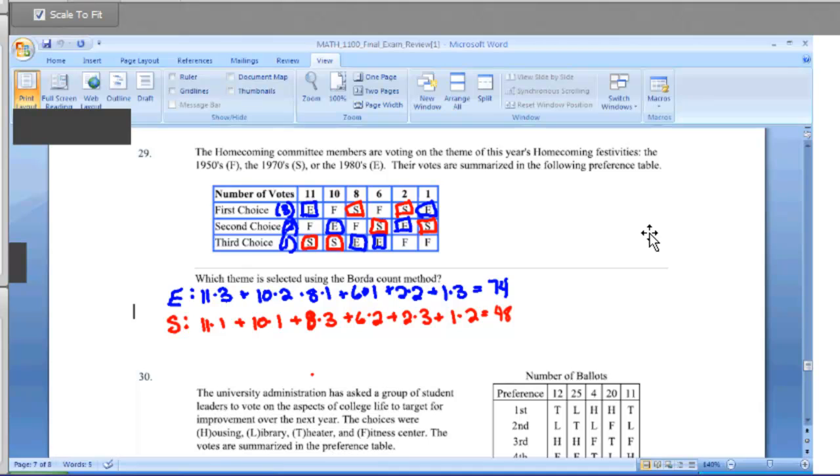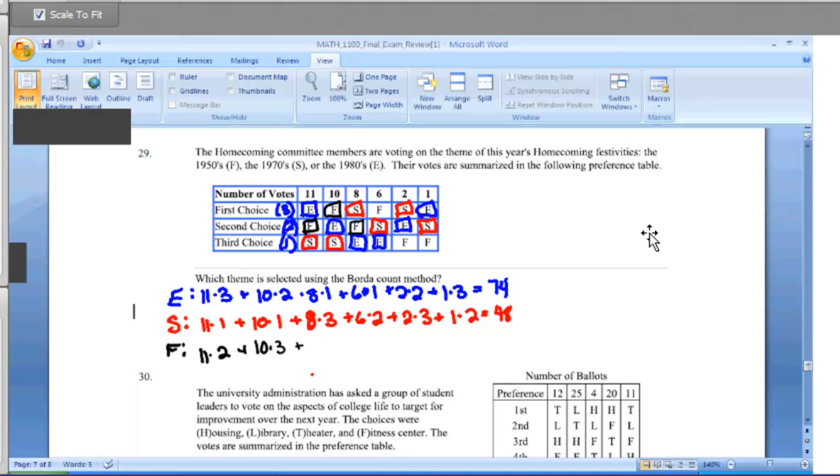And let's do the 80s. Excuse me, let's do the 50s. So for the 50s, we have 11 students with it as their second choice, or 2 points for each of those votes. We have 10 students that have it as their first choice, or 3 points per vote.